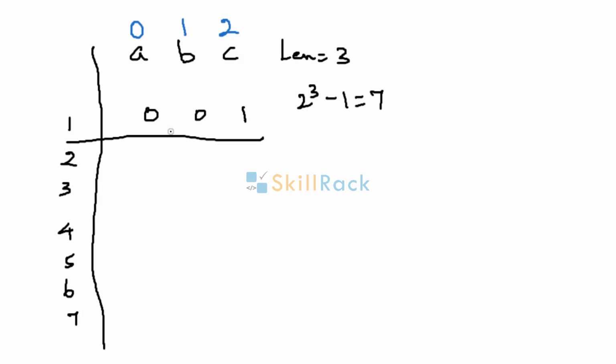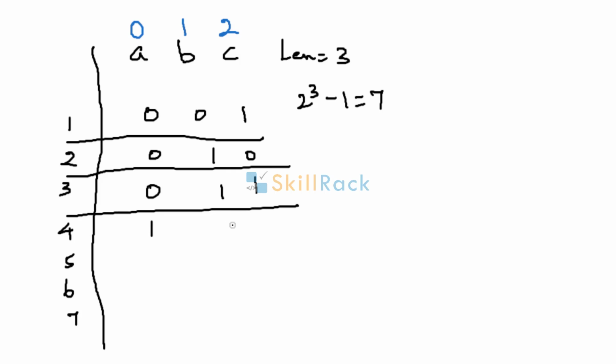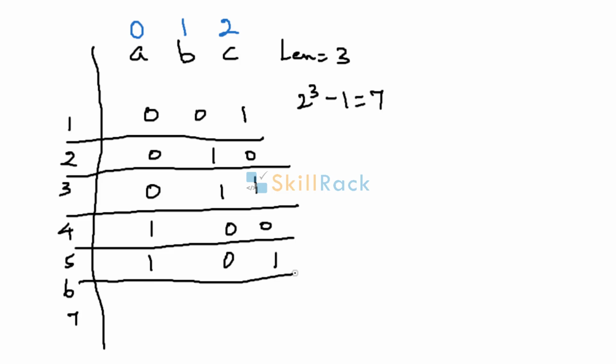Because the length is 3, we are considering only the last 3 bits. For 2 it is 0, 1, 0. For 3 it is 0, 1, 1. For 4 it is 1, 0, 0. For 5 it is 1, 0, 1. For 6 it is 1, 1, 0. For 7 it is 1, 1, 1.